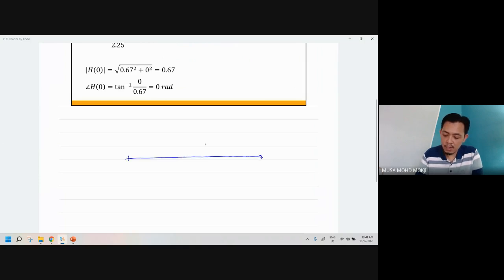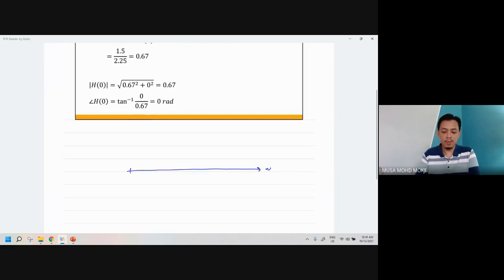This is omega, because we are actually dealing with omega. In DTFT, most of the time, we're going to use omega frequency, which is in radians, small omega, not capital omega, right?